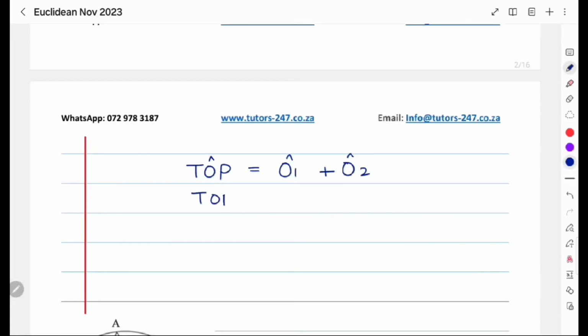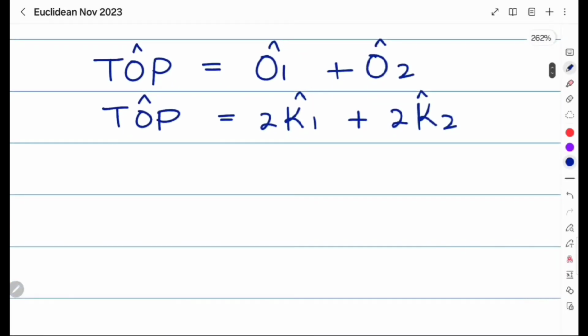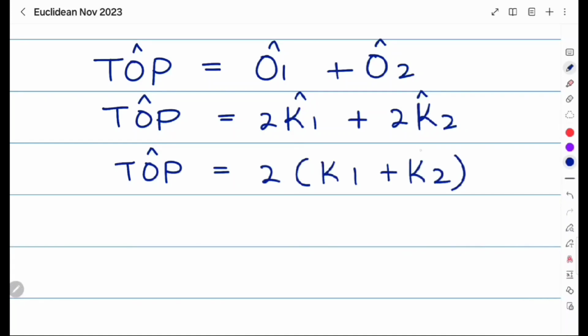Now, we know that the angle O1 is equal to 2 times the angle K1, and the angle O2 is equal to 2 times the angle K2. From here, all we are going to do is take out a common factor of 2, and we are left with K1 plus K2.